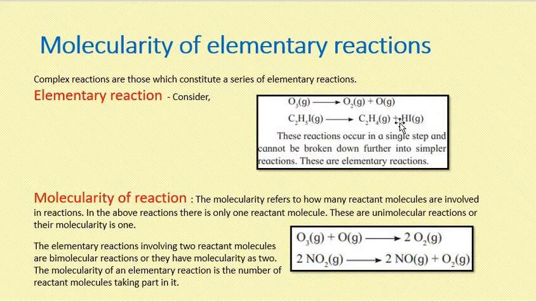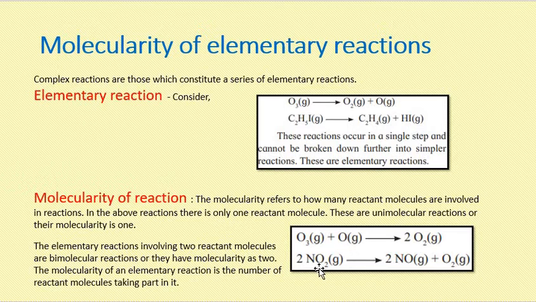So the molecularity refers to the number of molecules involved in any reaction. For example, if you are seeing a reaction where ozone is combining with atomic oxygen to give you oxygen gas, what is happening here? Two reactants are participating. That means it has molecularity 2, or it is a bimolecular reaction.